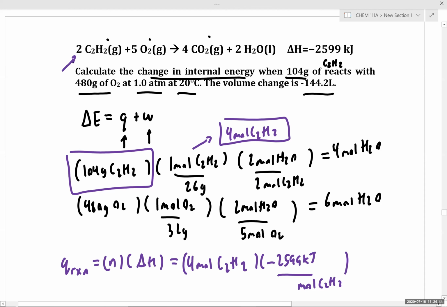How many moles of acetylene are reacting in this given chemical equation? What's the coefficient for acetylene?